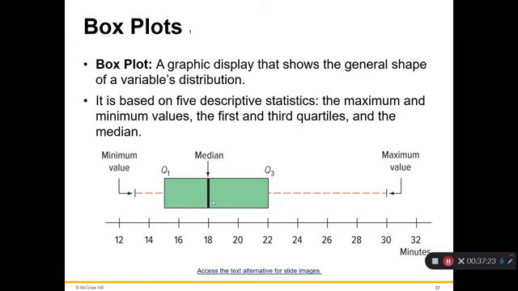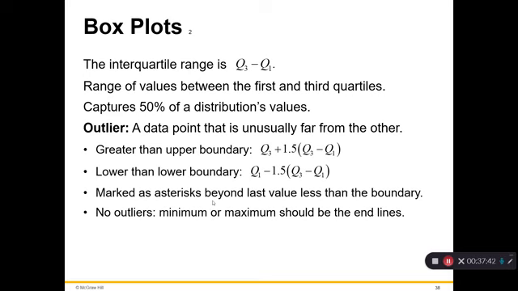When we use this, it helps us identify the spread and skewness of the data, and it also helps us to know the outliers, right? Okay, so the range is Q3 minus Q1.